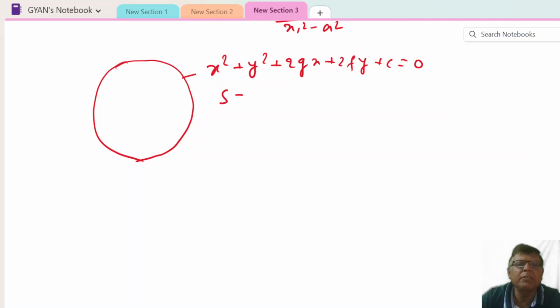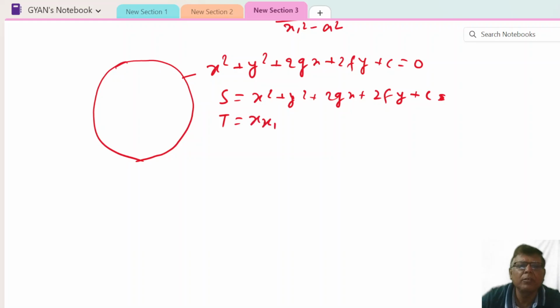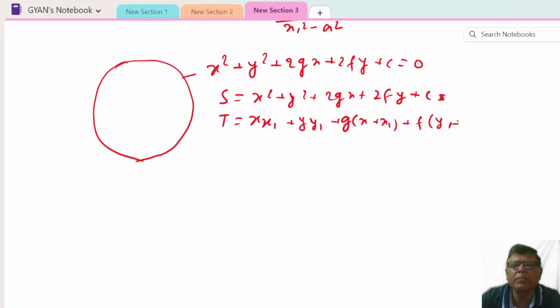Then we define S as x square plus y square plus 2gx plus 2fy plus c, and T is equal to xx1 plus yy1 plus g(x plus x1) plus f(y plus y1) plus c.